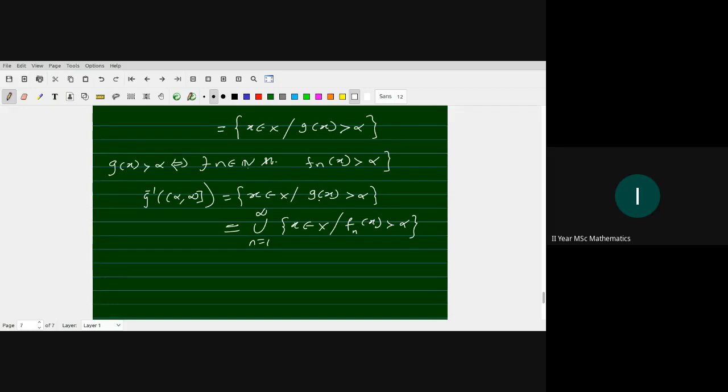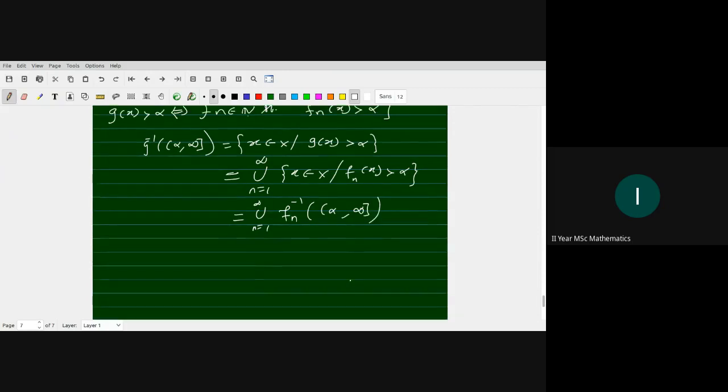Since each f_n is measurable, this is the union over n from 1 to infinity of f_n inverse of (alpha, infinity). All these sets are measurable, so the union is measurable.